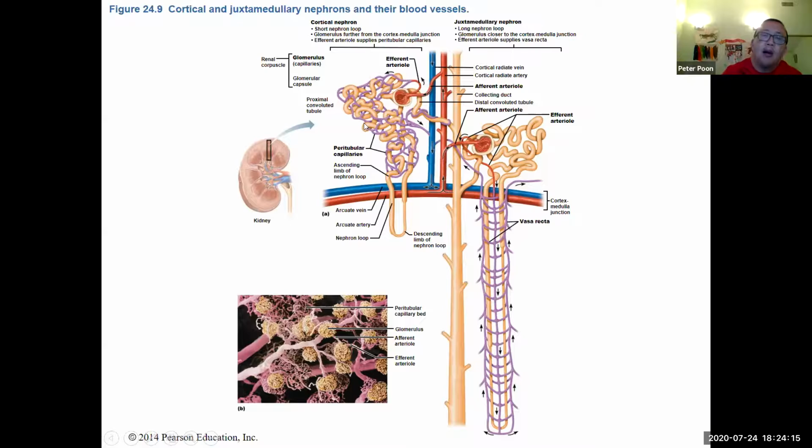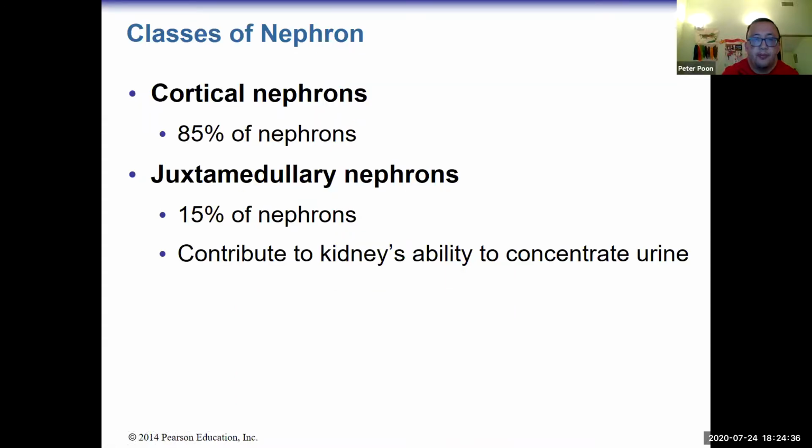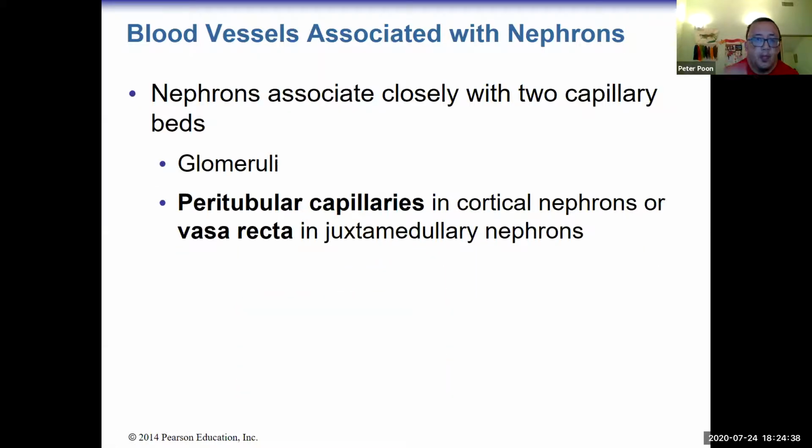If we were desert animals, like desert rats or whatever, then we would have a lot more of these and a lot less of these. We need to reabsorb more water, so we use these more.